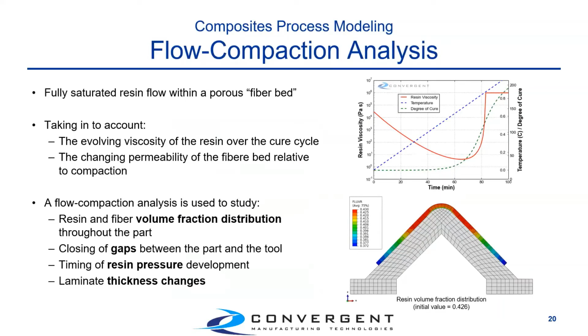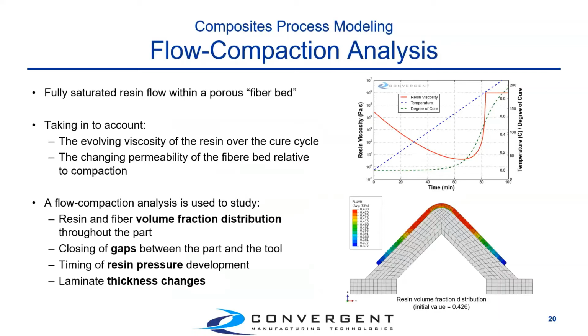The outcomes of this simulation can be looking at the volume fraction variation. Where you have higher pressure, you would expect higher fiber volume fraction because you'll get higher consolidation. But if resin migrates into low pressure areas, usually there you have a higher resin volume fraction and lower fiber, and those areas are more prone to porosity.